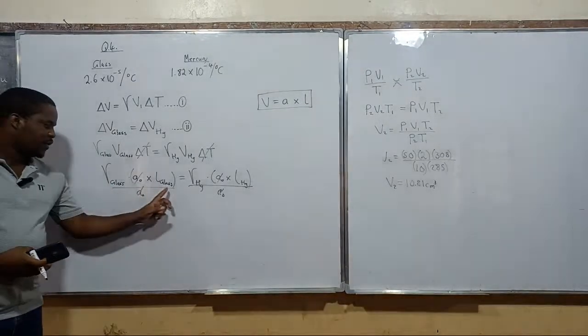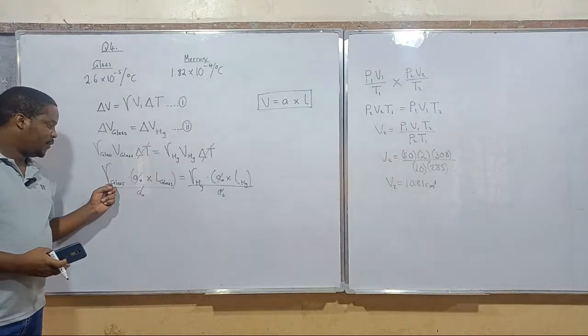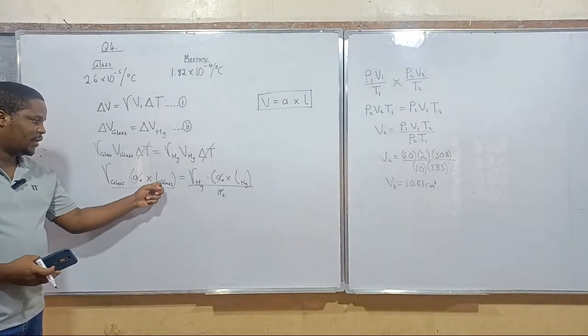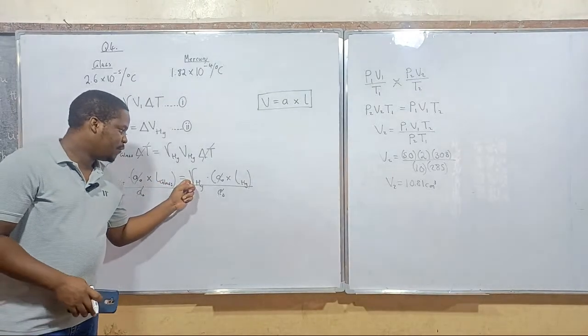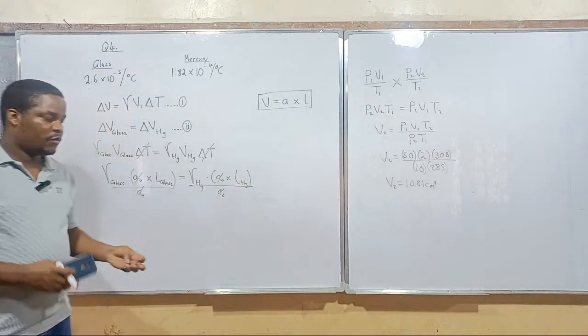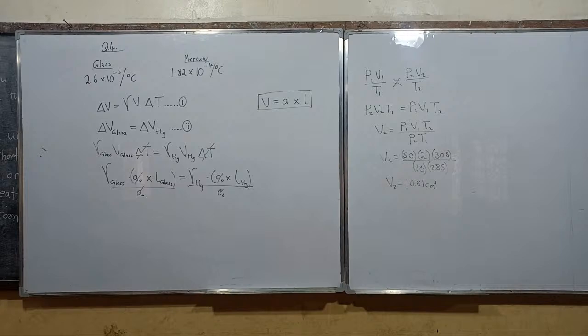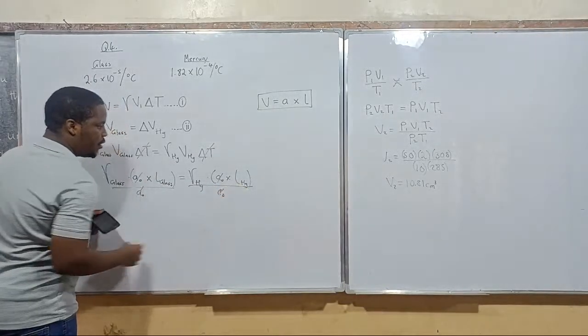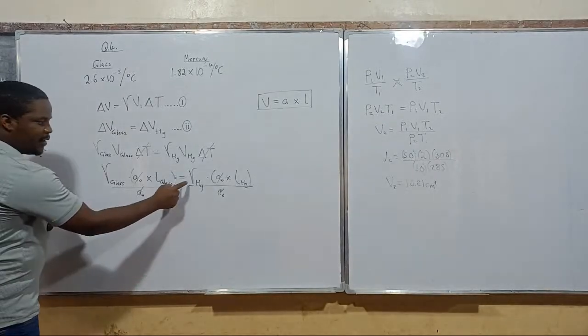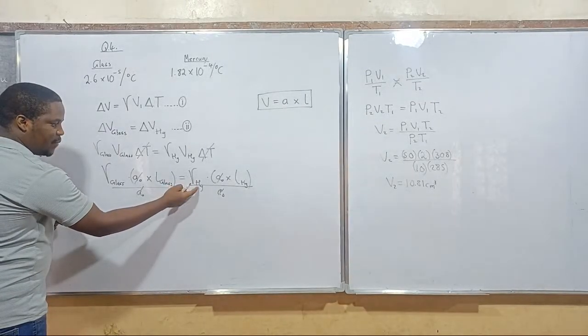So what do we remain with here? We remain with the gamma for the glass as well as the length for the glass. Here we remain with gamma for the mercury and the length of the mercury. By the way, what is this gamma? If you go back to the question, this is the volume expansion coefficient. Since we're looking for the length of mercury, let's make it the subject of the formula by dividing both sides by gamma of mercury.